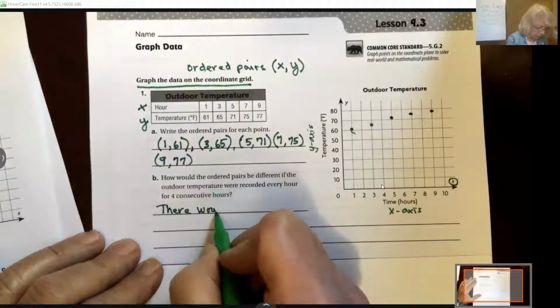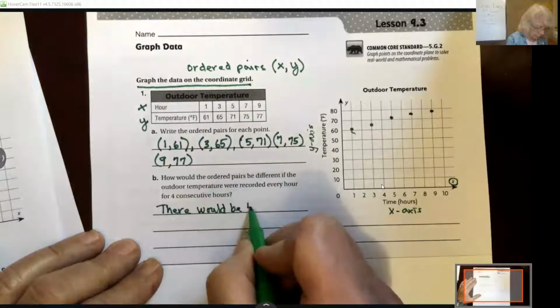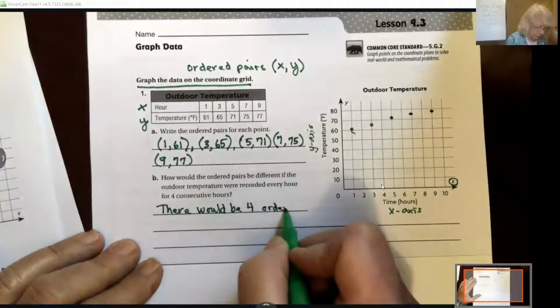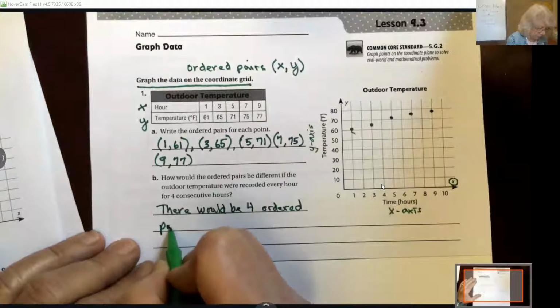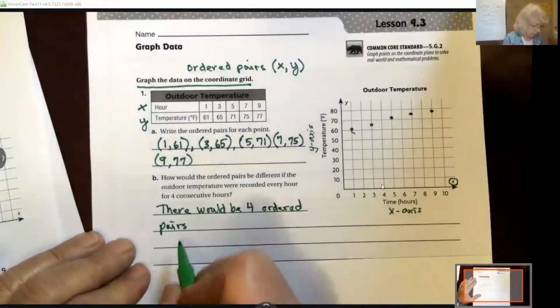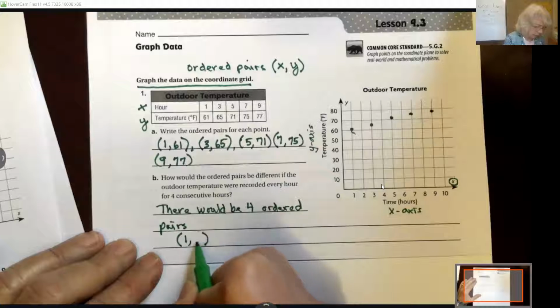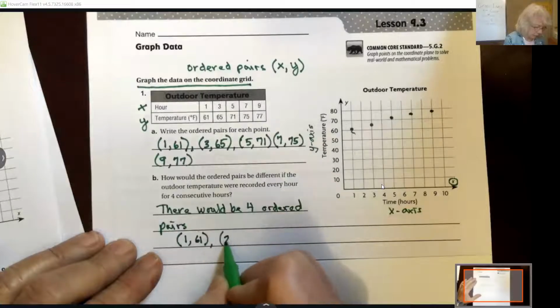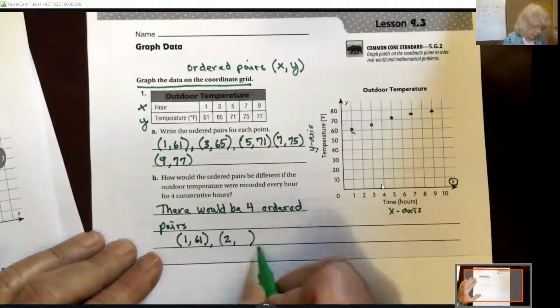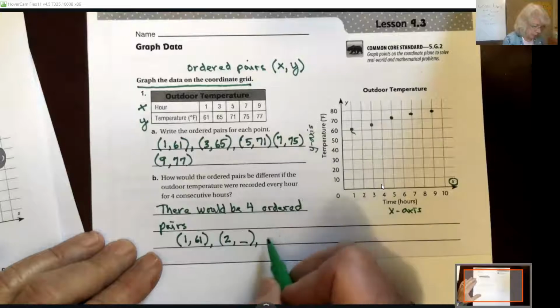There would be 4 ordered pairs. And you could give an example, but we don't know all the temperatures. We know some of them. It would look like this. Let's start with 1. We know that one, 61. Then we would have for hour 2, and some unknown temperature.